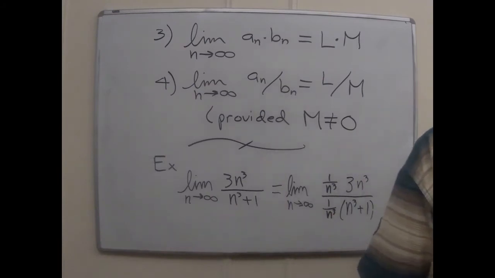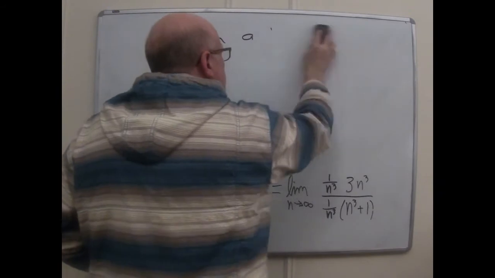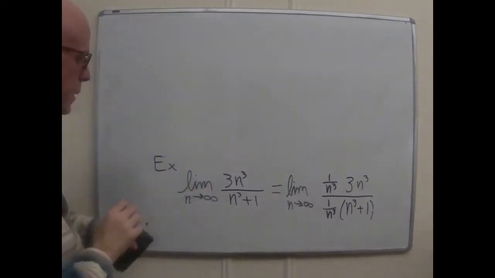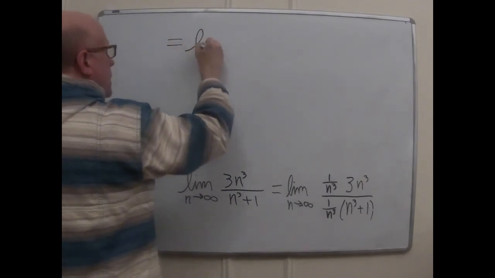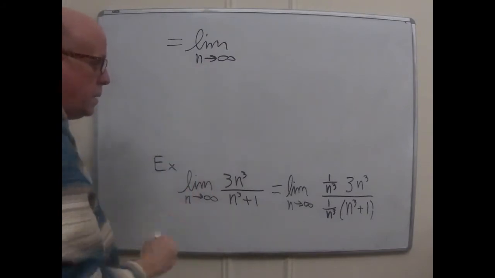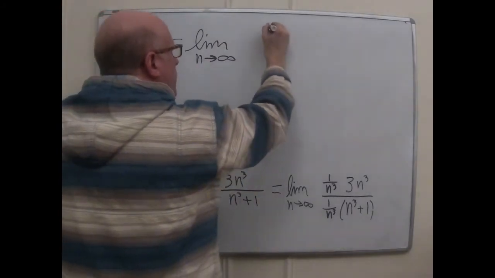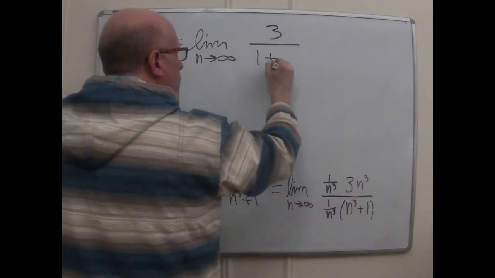I guess I need to move to the top of the board. All right. So that is equal to the limit with n going to infinity of 3 over 1 plus 1 over n cubed.